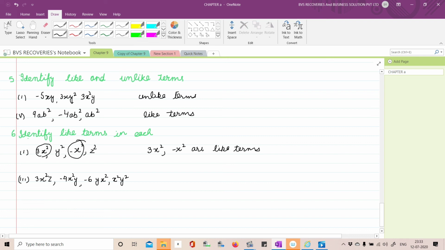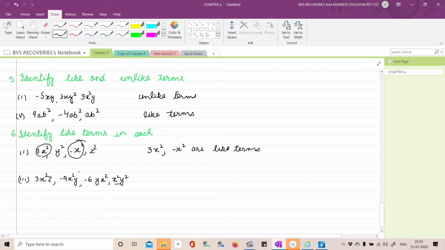3x^2z, minus 4x^2y, minus 6yx^2, y^2. Now, this is only x^2y^2, only one term. Then yx^2, y power 1, x power 2. Here also you can see y power 1, x power 2. So here is a term with z. There is no other term with z.